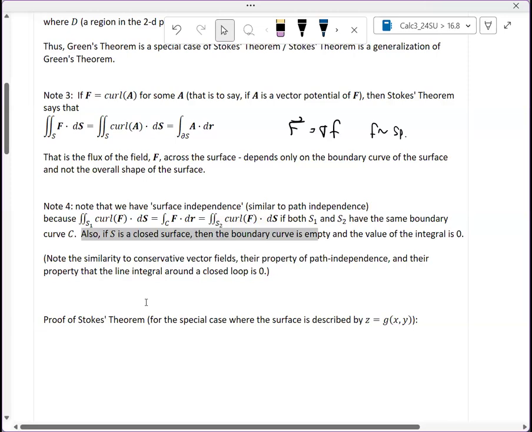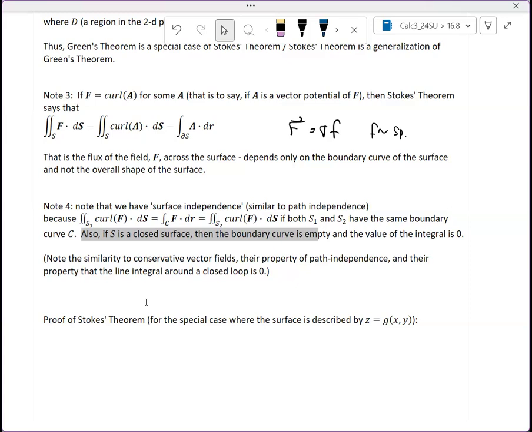And we can also say that if S is a closed surface, that is, if the surface S encloses a volume, there's a little more discussion on exactly what that means in the divergence theorem section. Then we can think of S as something like a surface with a hole in it, and the hole shrinks and shrinks, and that hole is bounded by a boundary curve that is shrinking down to nothing.